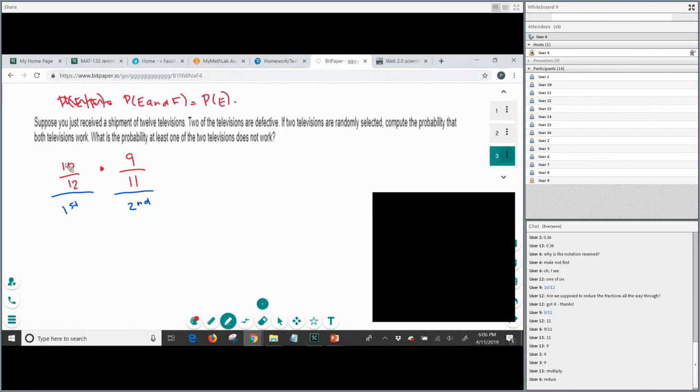I'm sorry, that's not what I wanted to do. Whoops. Probability of E and F is what I meant, equals probability of E times probability of F given E, right? Okay, so we are multiplying here. We're always multiplying. So we're multiplying right here. Anybody have the answer?